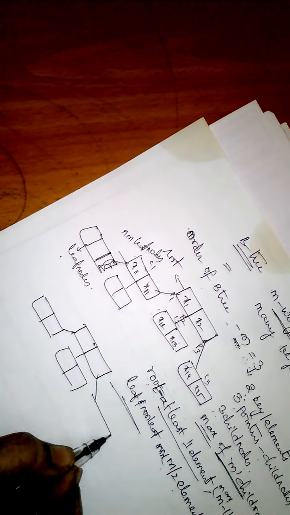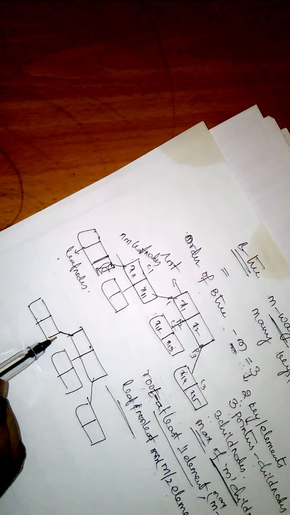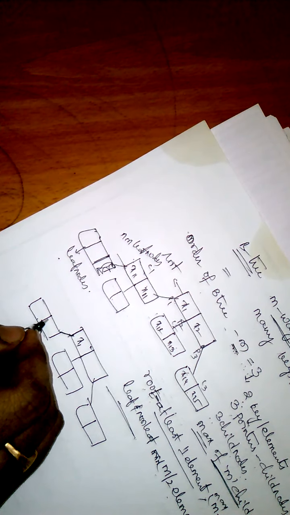Now consider this as a node in a B-tree. Each pointer can have a child node, and this node can have a maximum of 3 child nodes. The first pointer points to a child node which should have values lesser than x1.